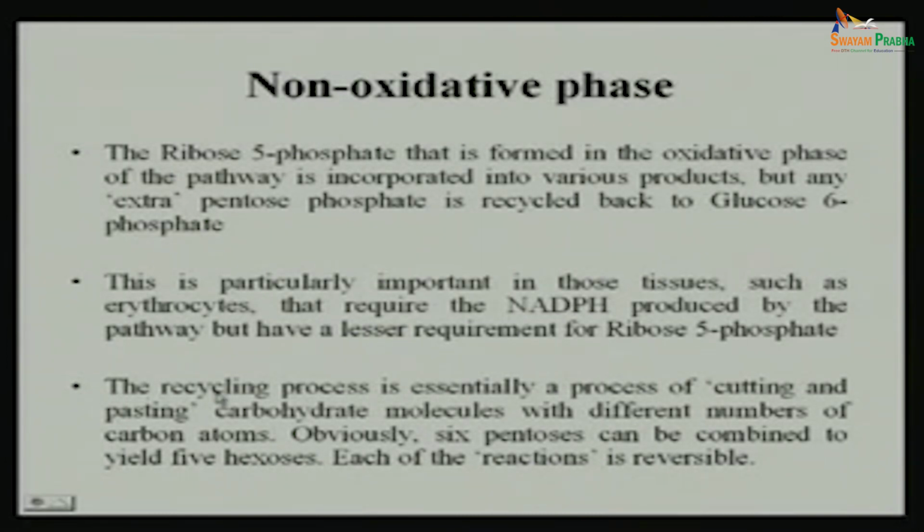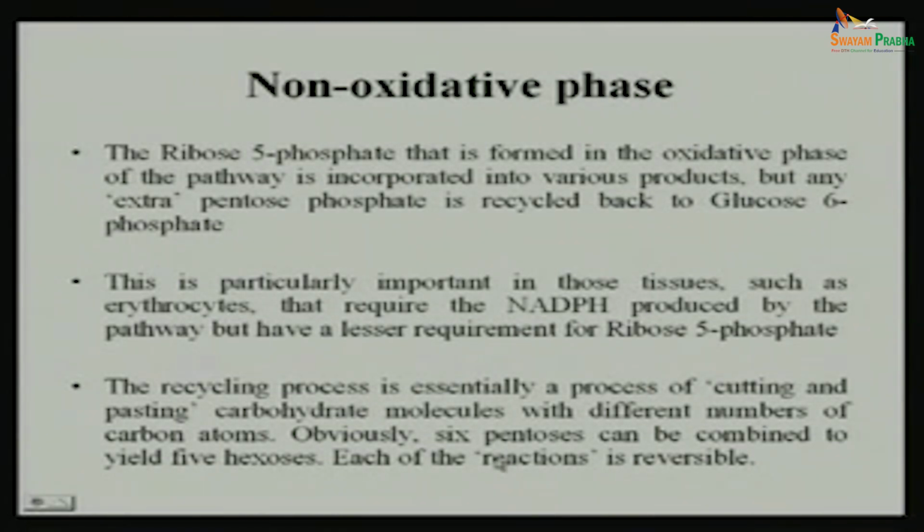The recycling process is essentially a process of cutting and pasting carbohydrate molecules with different numbers of carbons. Obviously, 6 pentoses can be combined to yield 5 hexoses. Each of the reactions is reversible in nature.